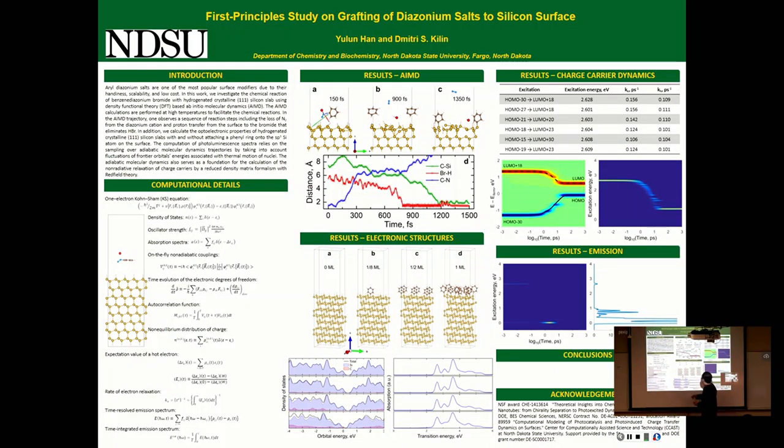First I do ab initio molecular dynamics at high temperature, at 2000 Kelvin. This is a graph of interatomic distances along the trajectory. The blue is the carbon-nitrogen bond, the red is the bromine-hydrogen bond, and the green is the carbon-silicon bond.